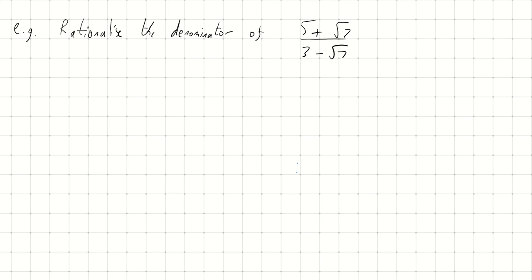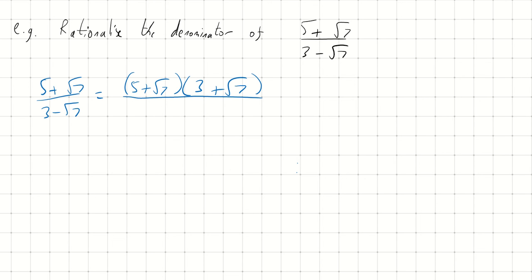So now to rationalise this, we're going to multiply top and bottom by 3 plus root 7. So the denominator, but with the minus changed to a plus. Okay, and we get (3 minus root 7)(3 plus root 7).